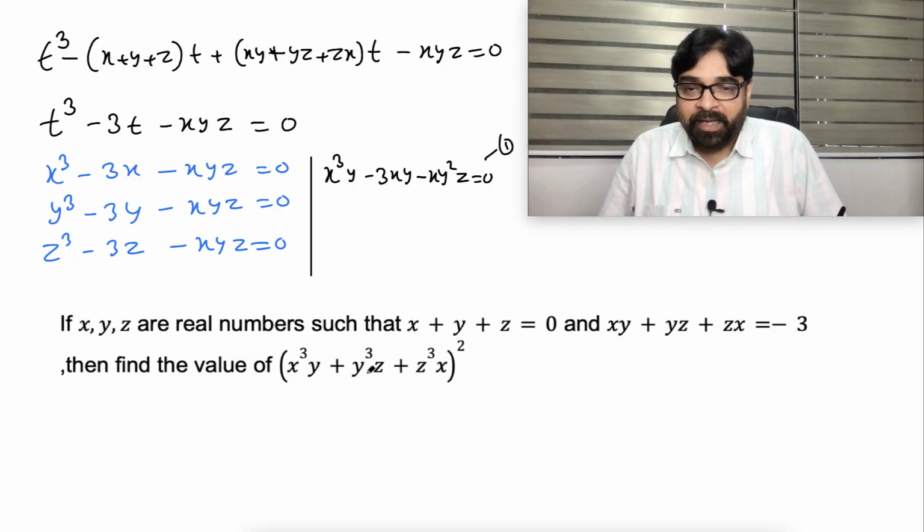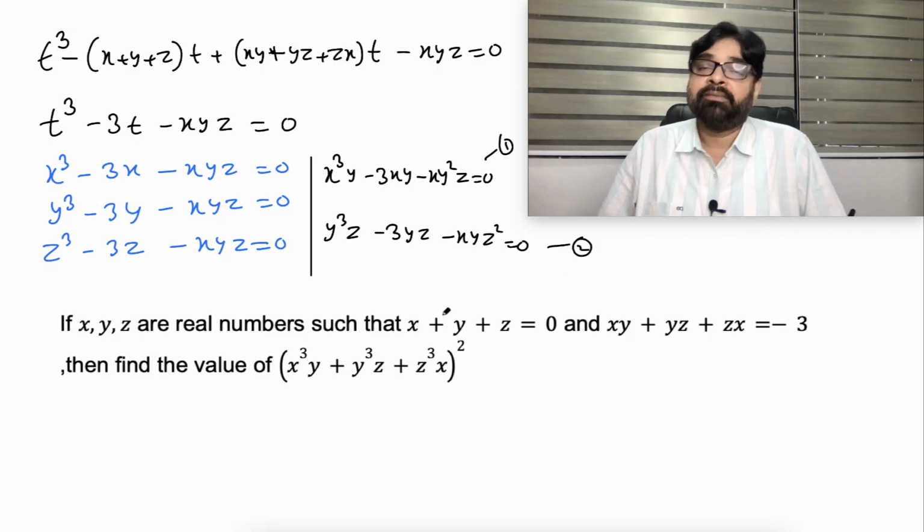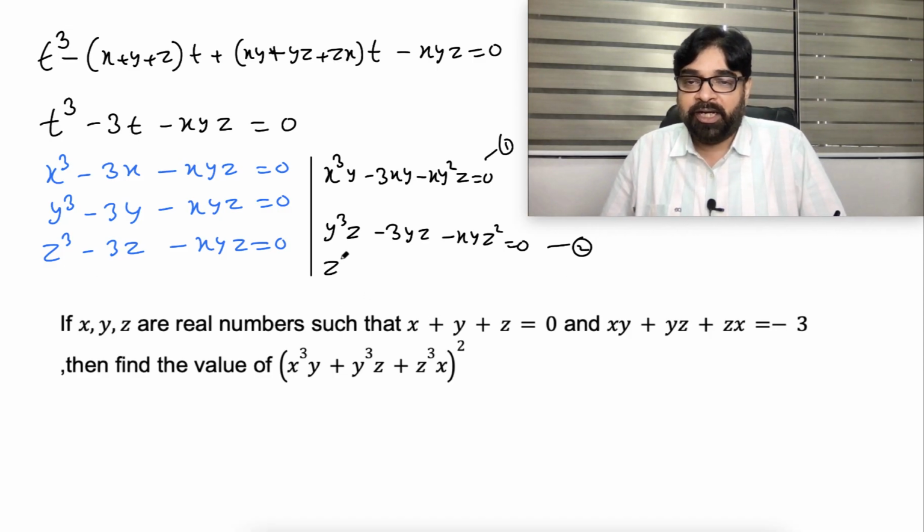Here I will multiply z. What will we get? y cube z minus 3yz minus xyz square equal to 0. Second equation. Here I will multiply x. What will we get? z cube into x minus 3zx minus x square yz equal to 0.